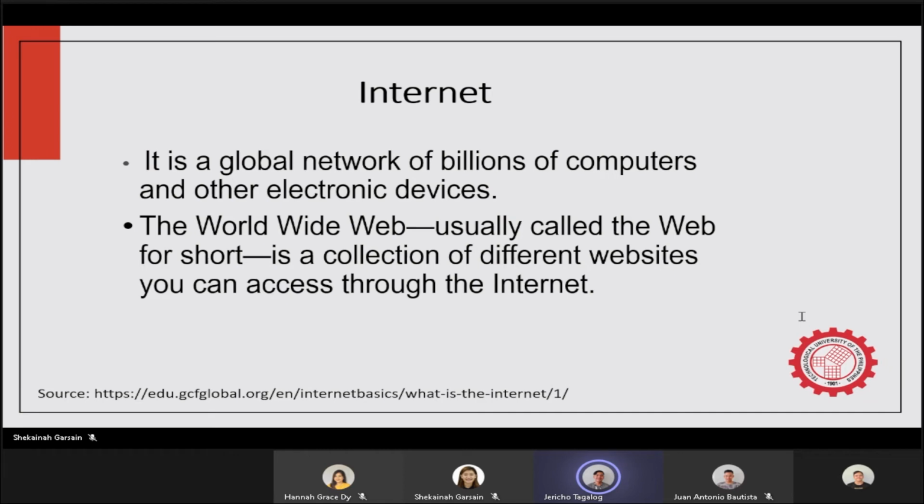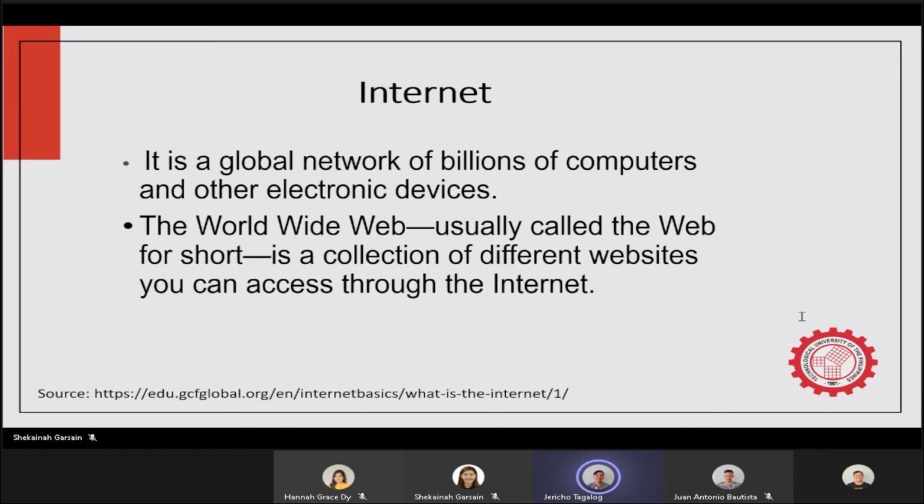So ito ang tinatawag na internet. And ang unang pinakilalang gamit para sa internet is yung World Wide Web nga, na commonly called na lang web in short.